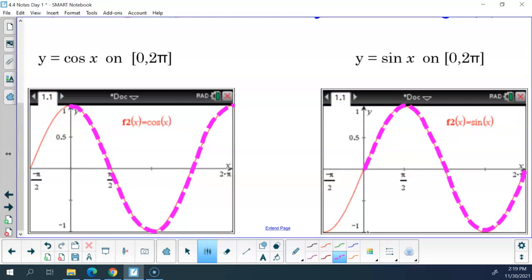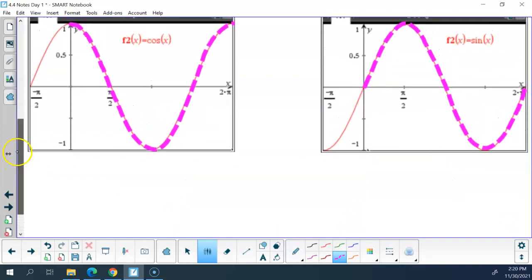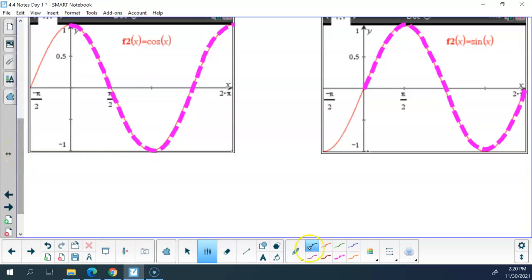So one more observation for you is that a cosine graph starts at the high point, then it comes to the middle, then it goes to the low point, back to the middle, and then ends where it started, up at the high point.